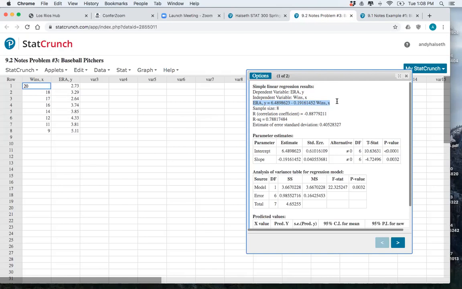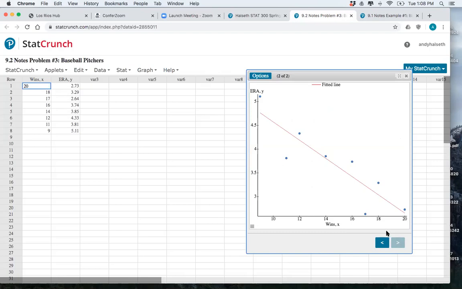Another thing that is on your StatCrunch feature, if I click this arrow over, I get the scatter plot. Okay, so there's the raw data, or the dots, and then that red line that you're seeing, that is the line of best fit. Right? It's defined by that equation, y equals 6.49 minus 0.19x. That's the equation of that line.